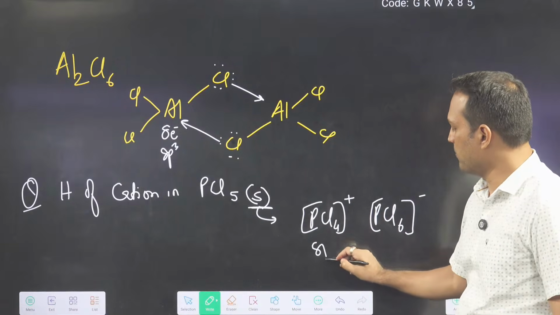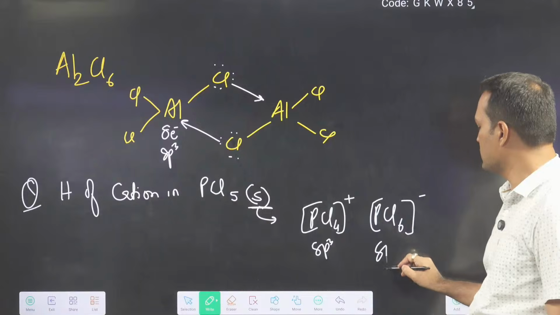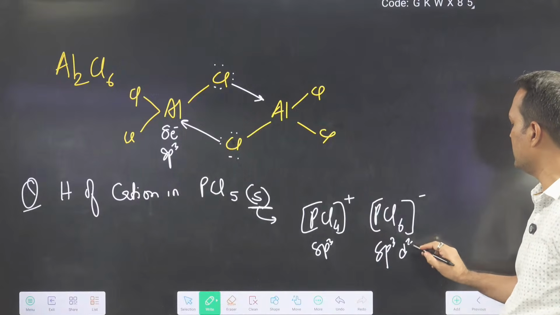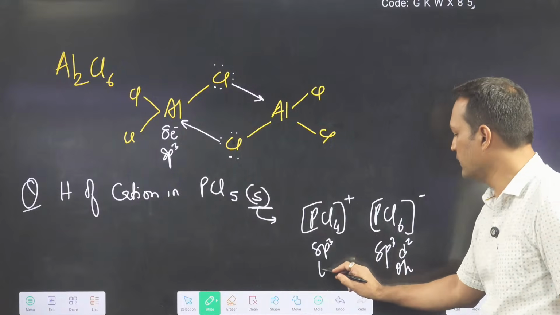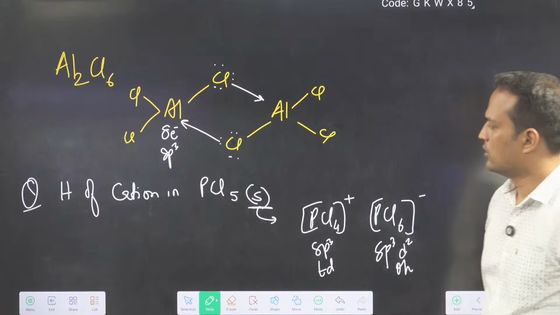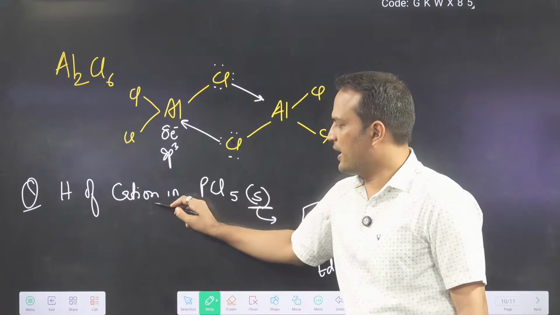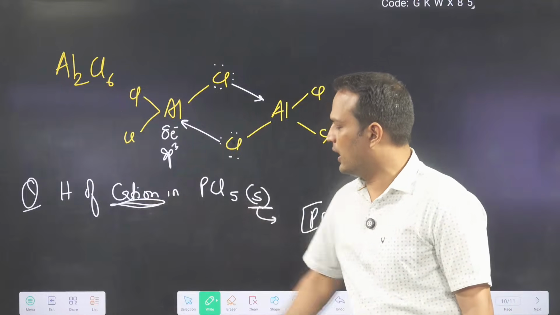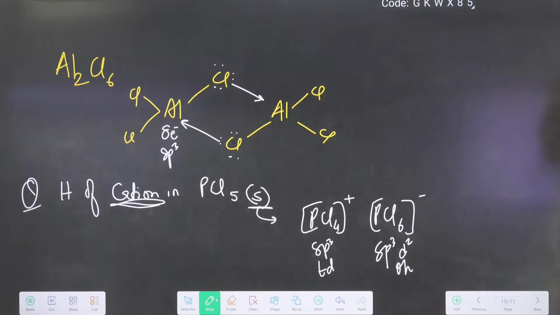So the cation part is sp3 hybridized, the anion part is sp3d2, octahedral. Tetrahedral for the cation. So you see they are asking about cation or anion. PCl5 solid.